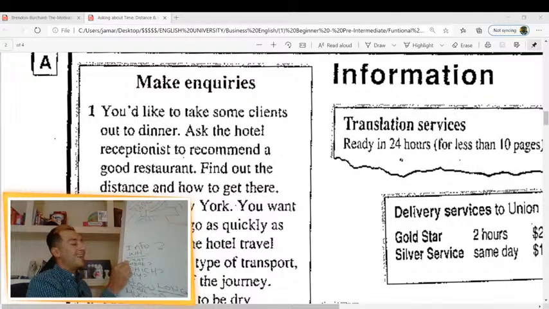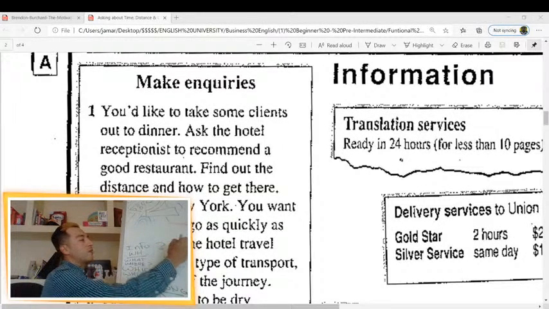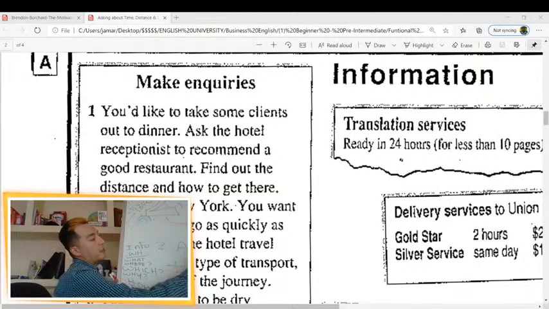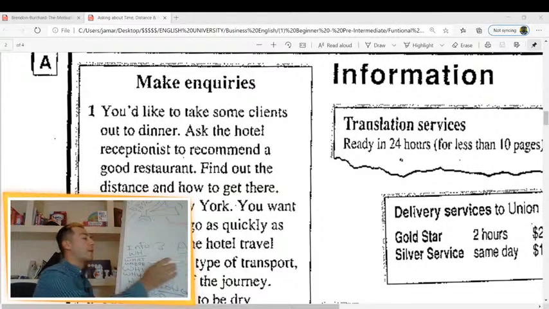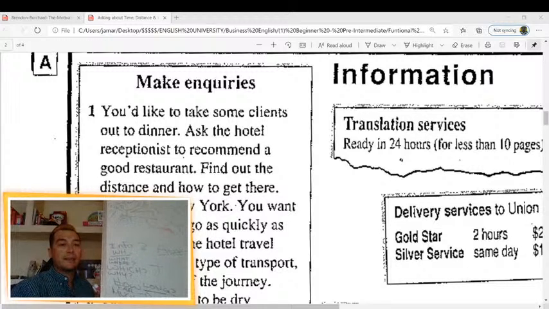The what or the how much or the where. Good? Next part of the formula. We need an auxiliary. Do you know what is the auxiliary for questions in present?